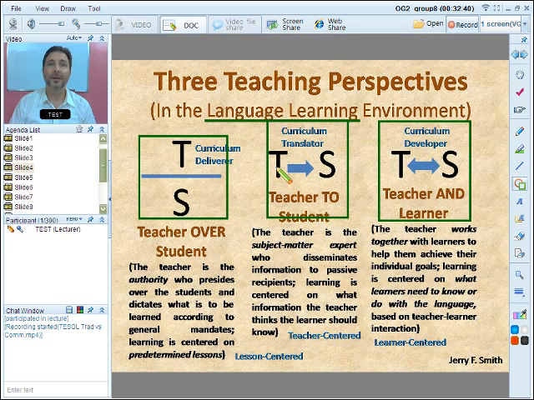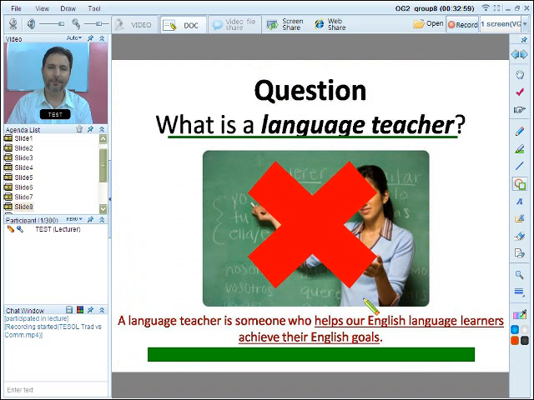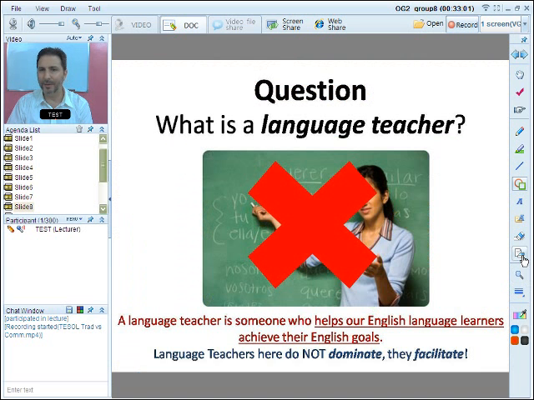Remember? It's not just to teach them what we get, although I agree this is a problem in many academies around the world. Our job in our little kingdom, in our place, in our classroom, is to help those learners achieve their language goals. Okay? And let me erase that. If you're going to be a language teacher, remember, you are not in the classroom to dominate.